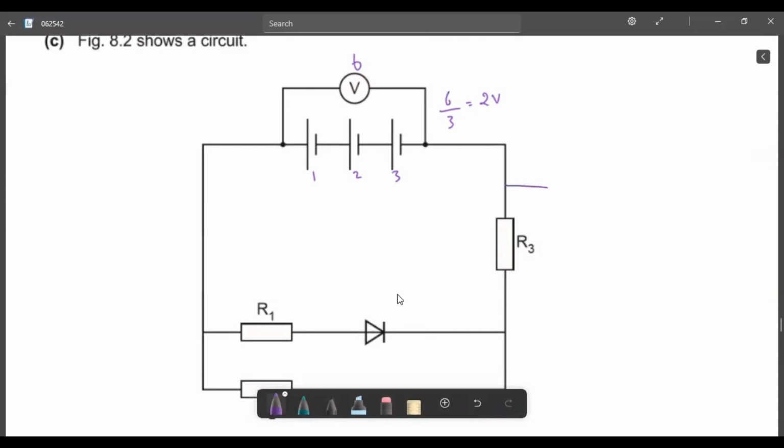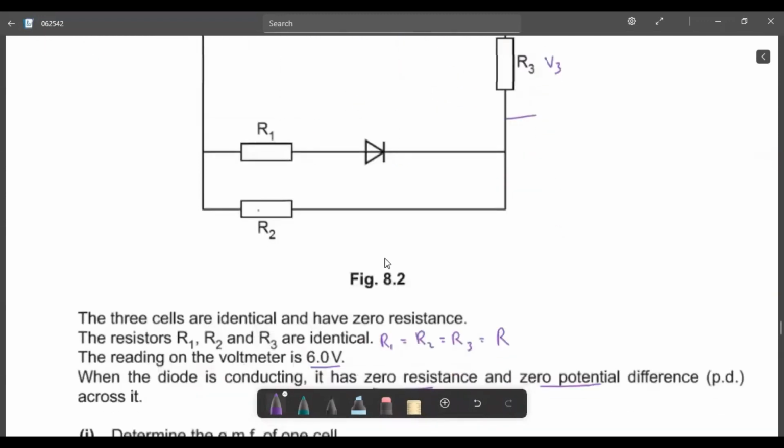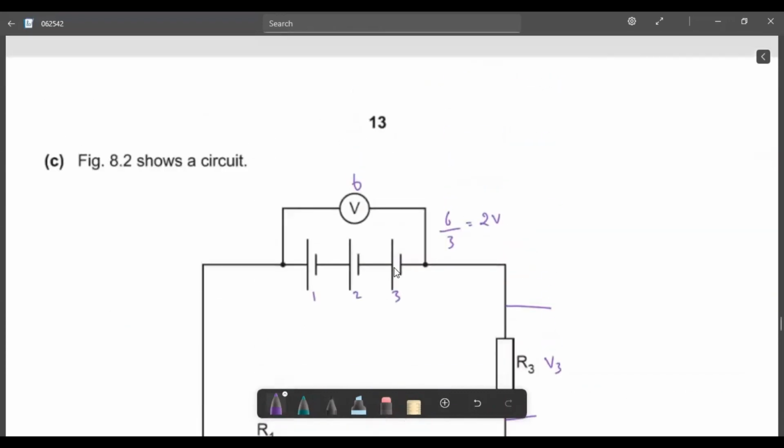So we need to find the potential difference across R3, that is VR3, and the potential difference across R2, that is V2. So we are assuming here actually the diode is in the conducting state.